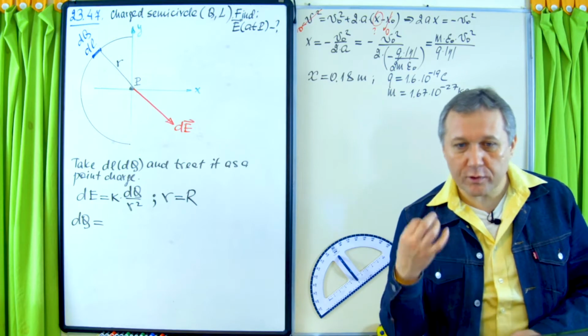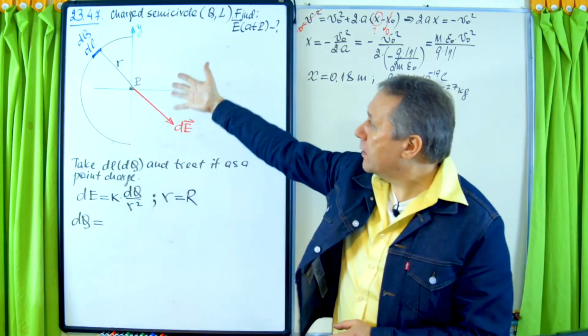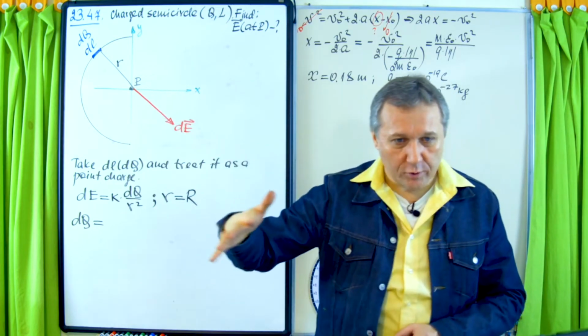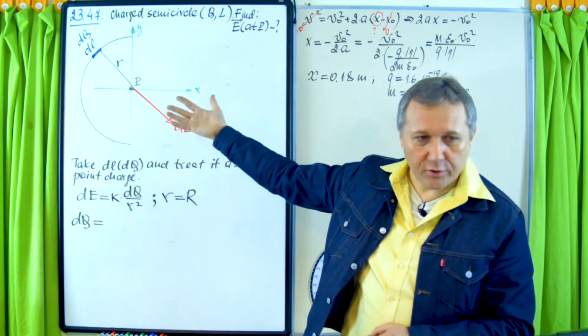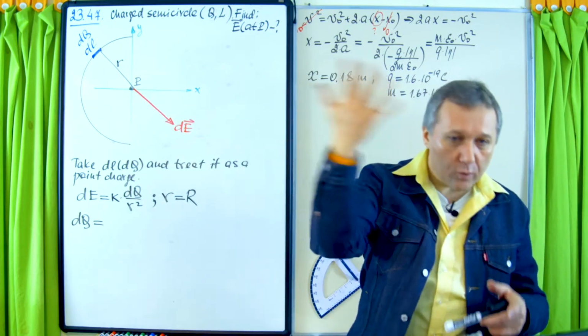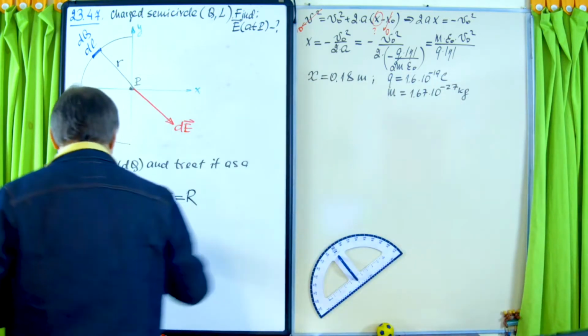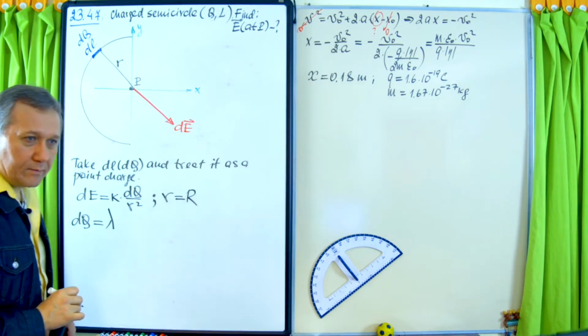Again, the object is two-dimensional, but the charge distribution is linear. So we need to use linear charge density lambda. Of course, if we had half of a disk, uniformly charged, we would have to use surface charge density. But here, charge is distributed over a curved line. It's one-dimensional. So I will use lambda, linear charge density.